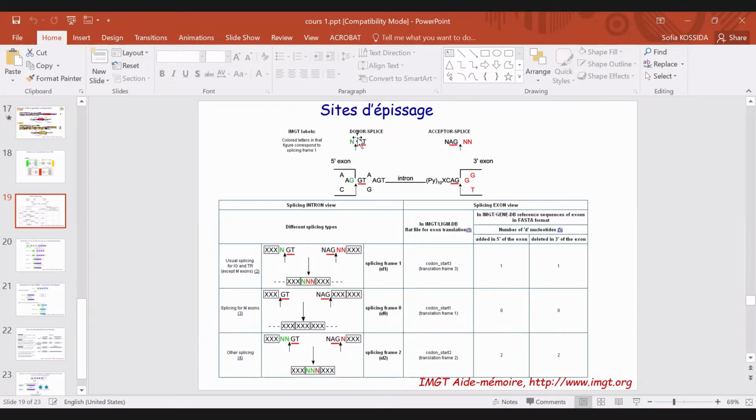It's a guanine. The T is a thymine. Adenine, guanine at the acceptor splice. So we always have GT at the donor splice site, and we always have AG at the acceptor splice site. So far, so good?